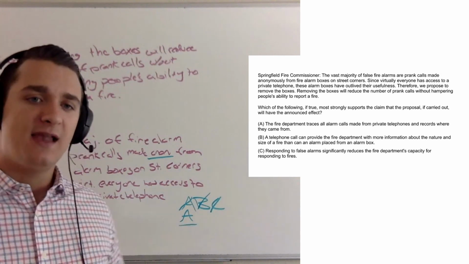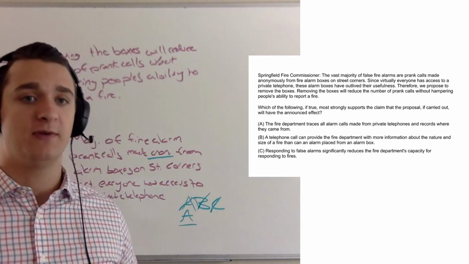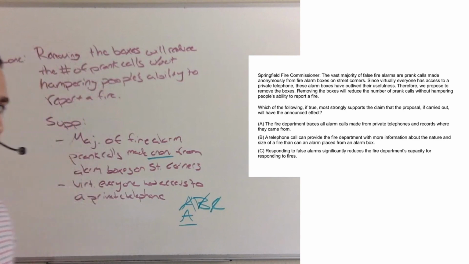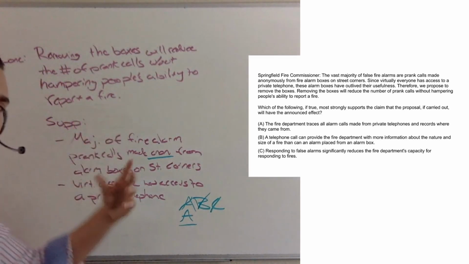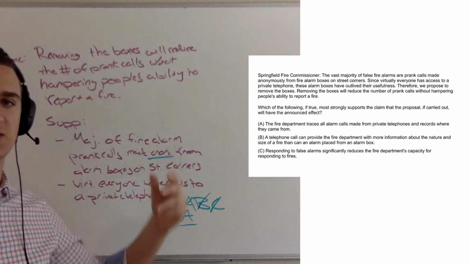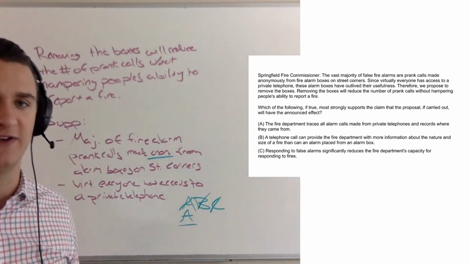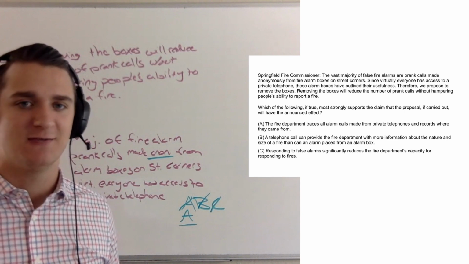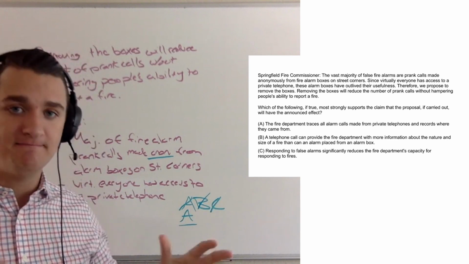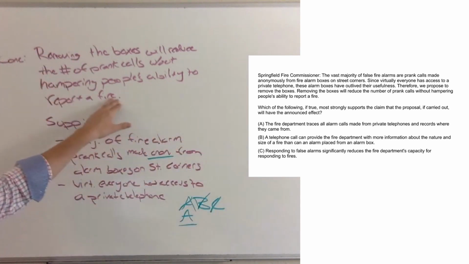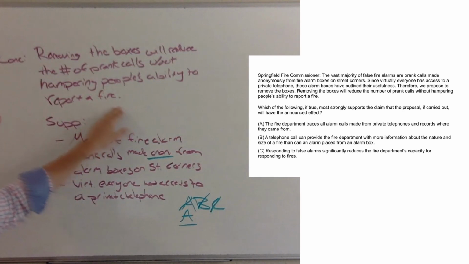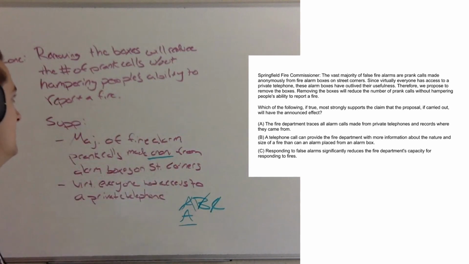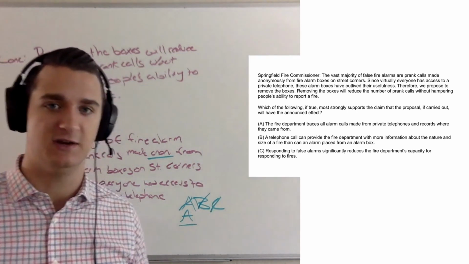And a lot of this starts with identifying the heart of the passage, which this really is. Of course, you could argue that the Springfield Fire Commissioner says we propose to remove the boxes. But really the main point is what's going to happen when we remove the boxes: it will reduce the number of prank calls and not hamper people's ability to report a fire.